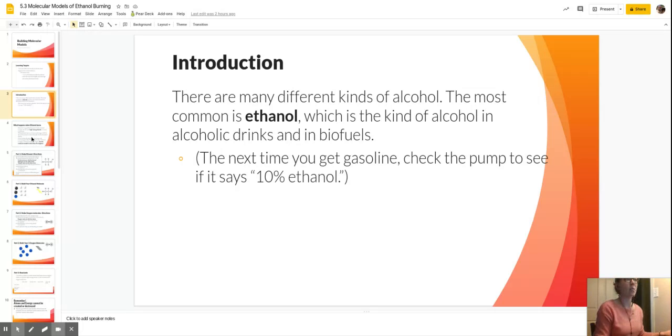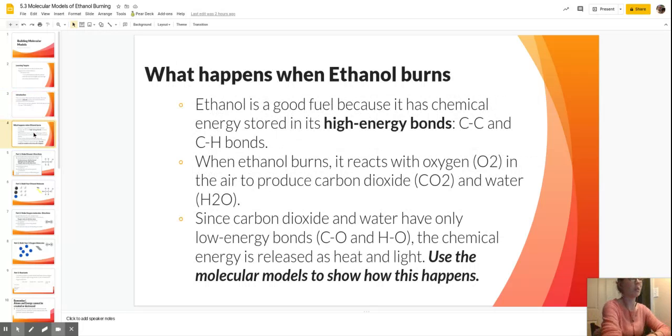What we see happens when ethanol burns is it's a good fuel source because it has stored chemical energy and high energy bonds. High energy bonds are between carbon and carbon and hydrogen atoms, and those contain more chemical energy than others. When ethanol burns, it reacts with oxygen in the air to produce carbon dioxide and water.